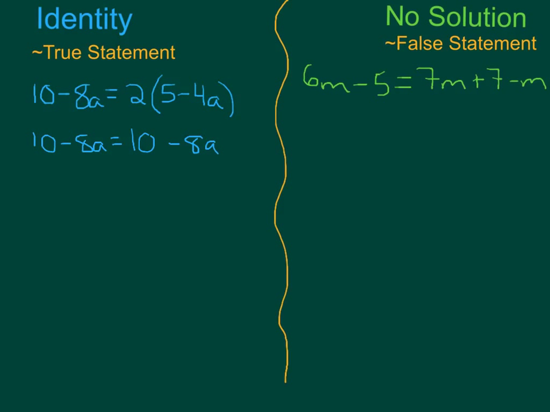So I know you've seen this before. We have the exact same thing on both sides of the equal sign, which means there are infinite solutions, which means it's an identity. But let's say we didn't even realize it and we continue to solve this equation. By getting our variables onto one side, you would add 8a to both sides.